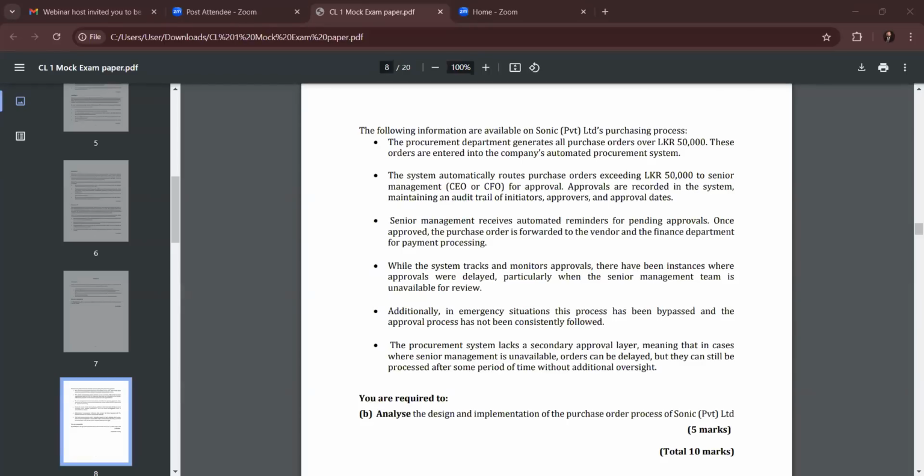The following design and implementation weaknesses were identified.